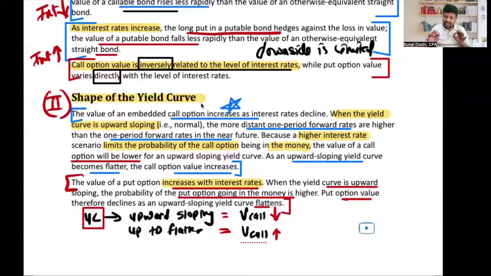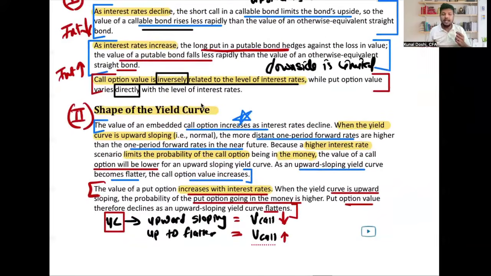Now, when it comes to the shape, here we are going to discuss the yield curve. If the yield curve is upward sloping, it means the yields are rising. If the yields are rising, will a callable bond be called or not? A callable bond is called when the yields are falling. So if the yield curve is upward sloping, the value of the call is going down, which is good news, right?